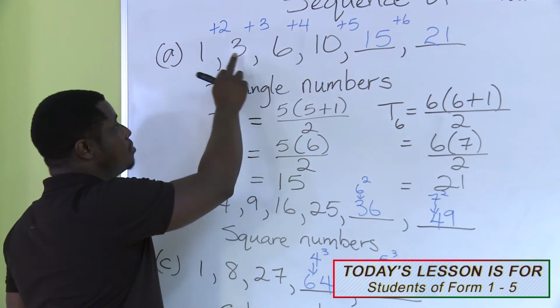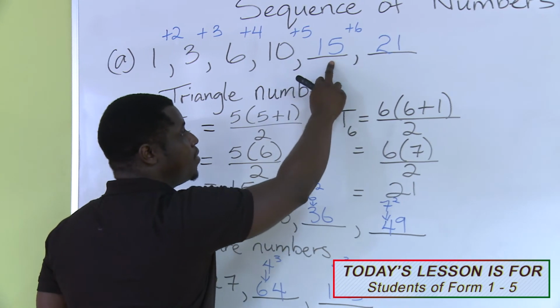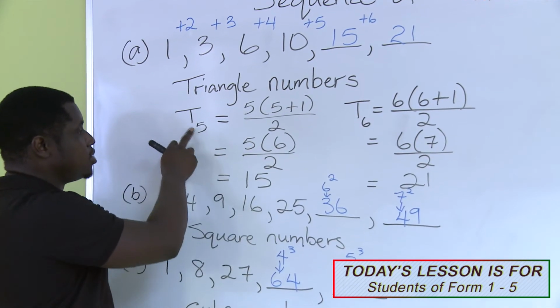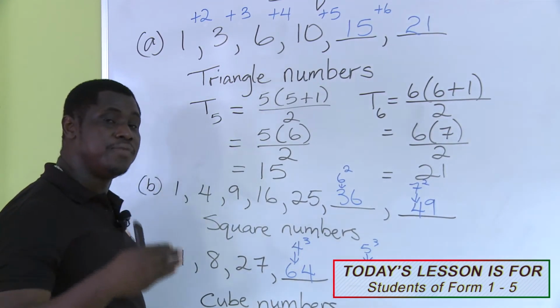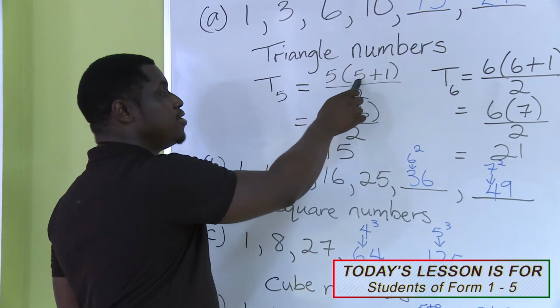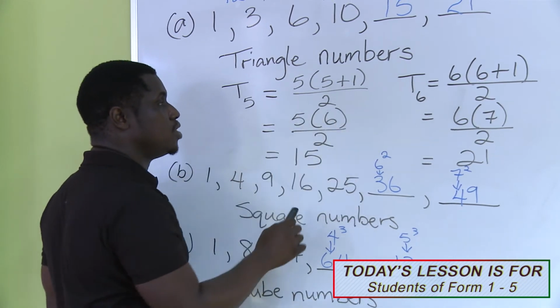This is the first term, the second term, third, fourth, and I want to find the fifth and sixth terms. So in using the formula, T subscript N, for which I'm trying to find the fifth triangle number, T subscript 5 is equal to 5 open parentheses 5 plus 1 close parentheses divided by 2.